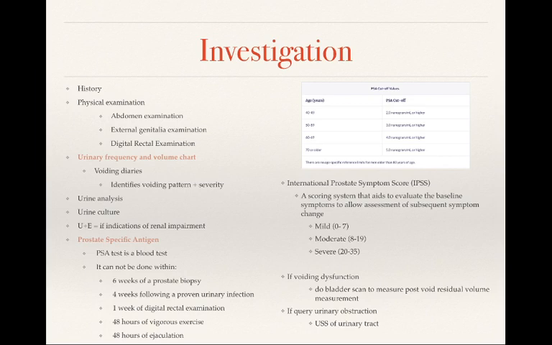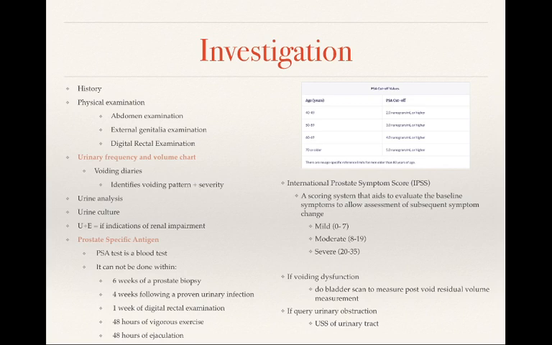It is essential that when you do order a PSA test, you only do it if you're sure that the patient did not have a prostate biopsy 6 weeks ago, a urinary infection 4 weeks ago, a digital rectal examination 1 week ago, and even vigorous exercise or ejaculation 48 hours before the test.